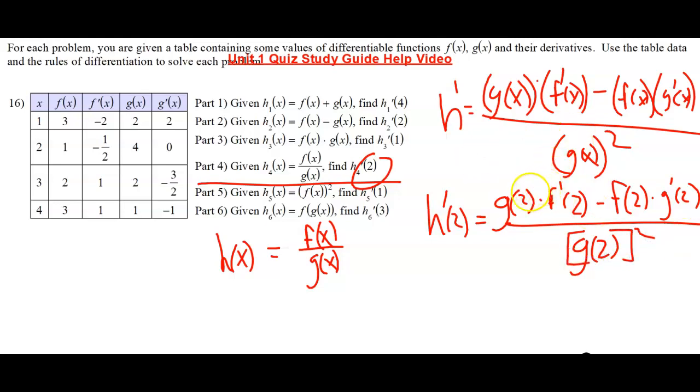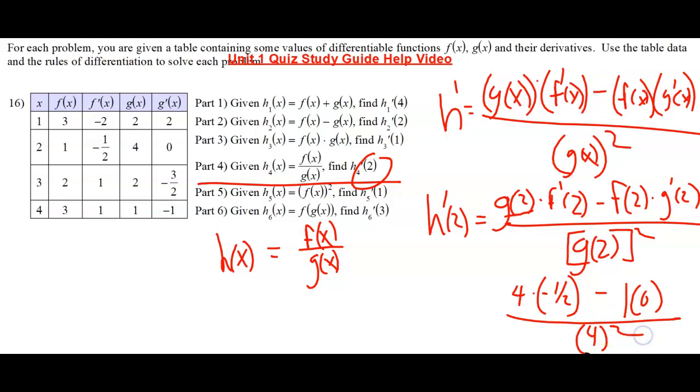Now we're going to use our table to fill these in. g of 2 is 4. f prime of 2 is a negative half. That in parentheses. f of 2 is 1. And g prime of 2 is 0. On the bottom, g of 2 is 4, and that's going to be squared.